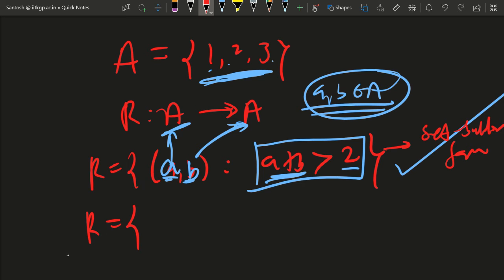There is one form called roster form, where we write elements explicitly. So tell me, which elements of set A are related to which one? The definition is a is related to b if a plus b is more than 2. So select two elements from set A which satisfy this condition.